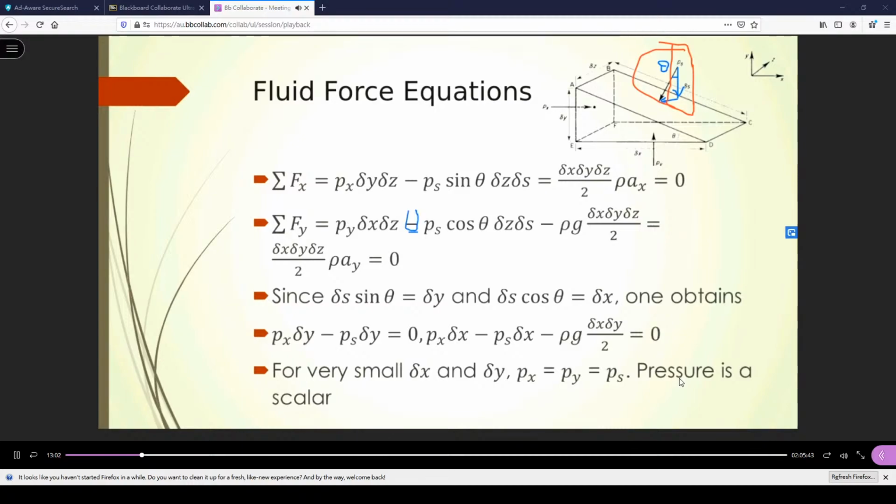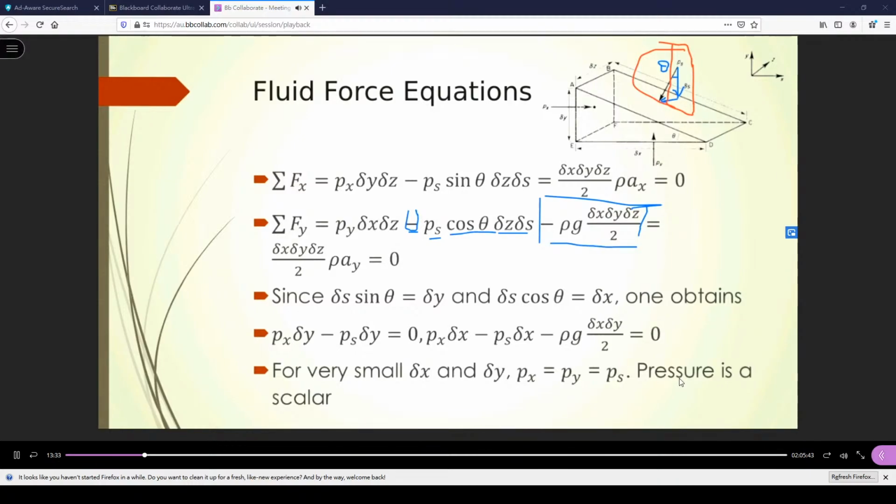Why this time? Pressure on the inclined wall times delta z delta s is the force. And then the y component, you can obtain by multiplying by cosine theta. Well, this is theta, so cosine theta represents the vertical component this time. Now remember, in the vertical direction, we have to consider the weight of the fluid.